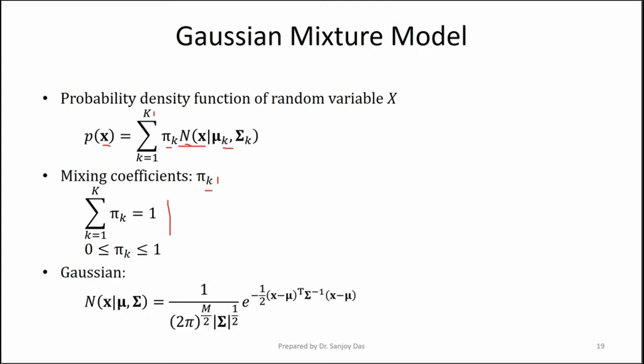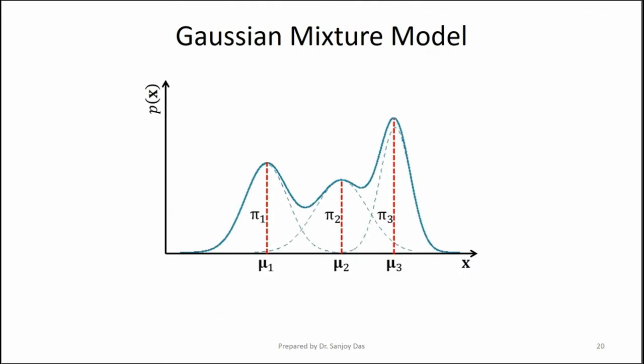And so each Gaussian is given by this expression. Now since x is a vector, mu is a vector too, and sigma now is the covariance matrix. So this is an example of a mixture of three Gaussians. So we have three Gaussians, 1, 2, and 3, and they have different mu's, mu1, mu2, and mu3, and they also could have different sigmas.